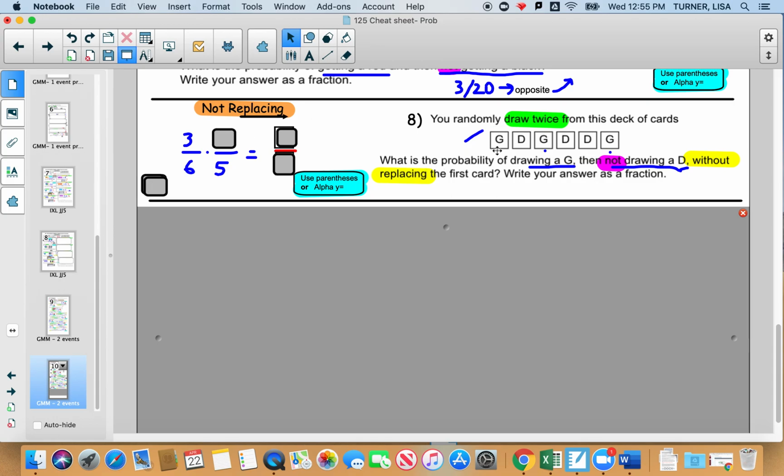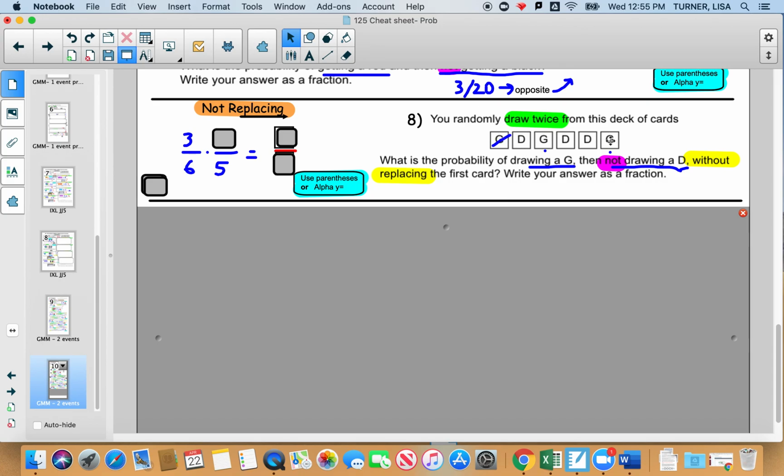Because I'm not replacing it, I cover a G up. I don't cover all 3. Be careful. I assume I got one of those G's on the first pick because I am only picking once, but I had 3 chances. So cover up one that you got.